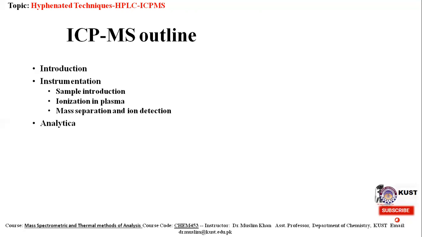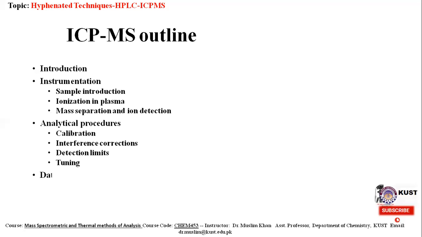And after the instrumentation, we will discuss the analytical procedure: calibration of ICPMS, interferences caused by different components in ICPMS, how those interferences are corrected, the detection limits of different instruments, and tuning of ICPMS.